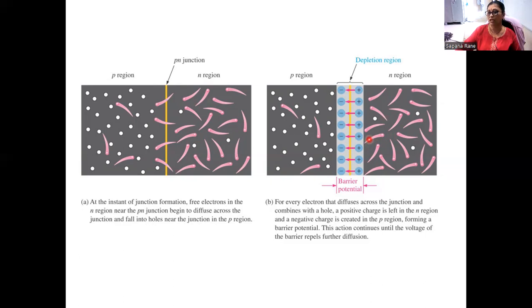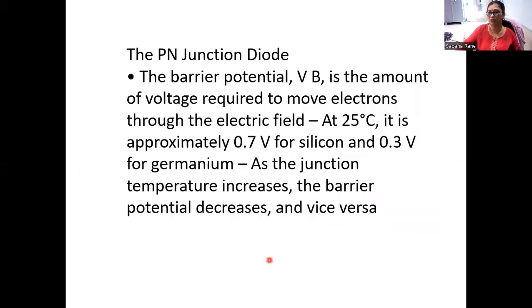And thus, a depletion layer is formed at the junction. This depletion layer offers a potential called the barrier potential because it stops the further diffusion of the electrons. This is what happens when a PN junction is formed.